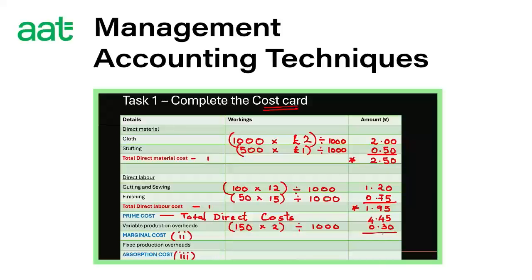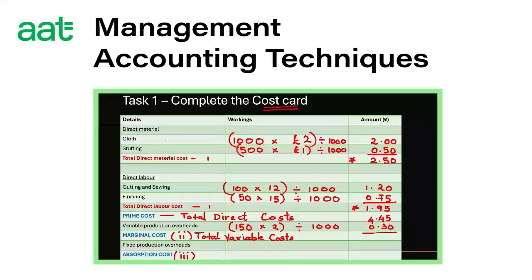After that, we've got our marginal cost to calculate. Sometimes they might ask you, what is the marginal cost of each teddy bear? That marginal cost is all our variable costs, so it's our total variable costs. And I'm assuming you know what variable costs are. These are the costs that increase every time you make an additional teddy bear.